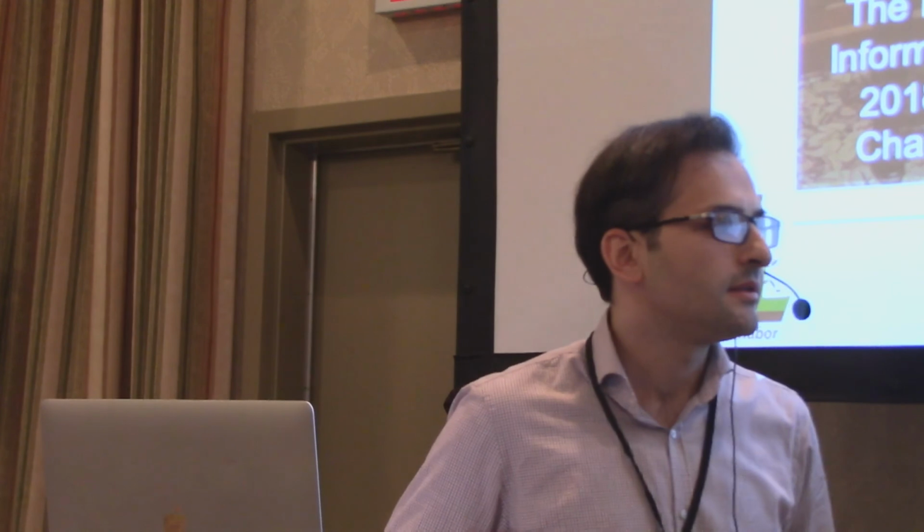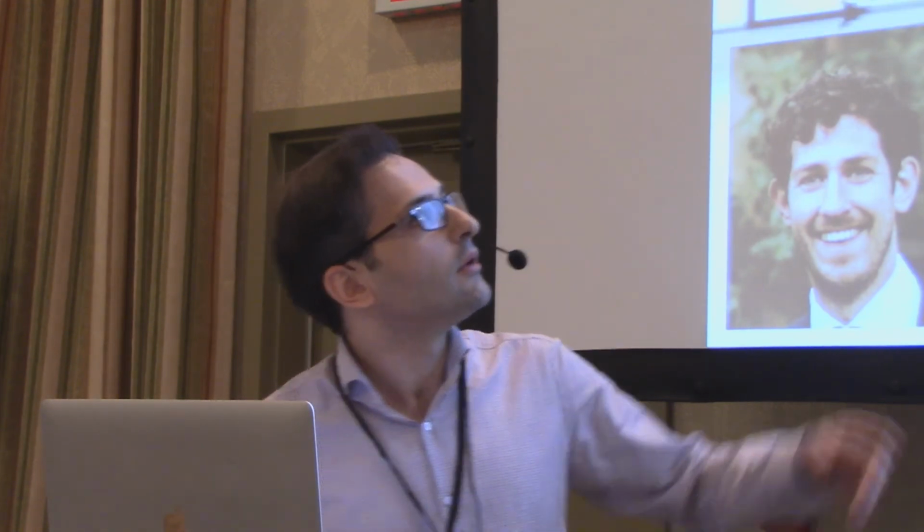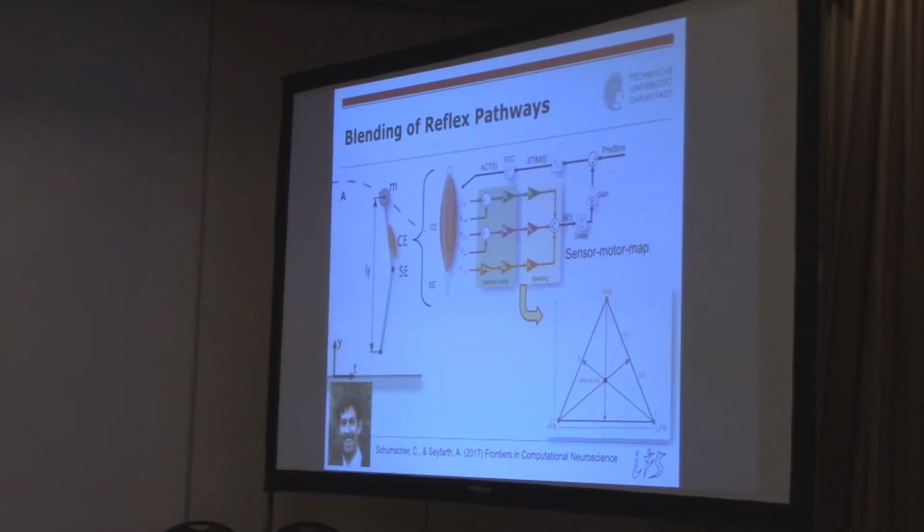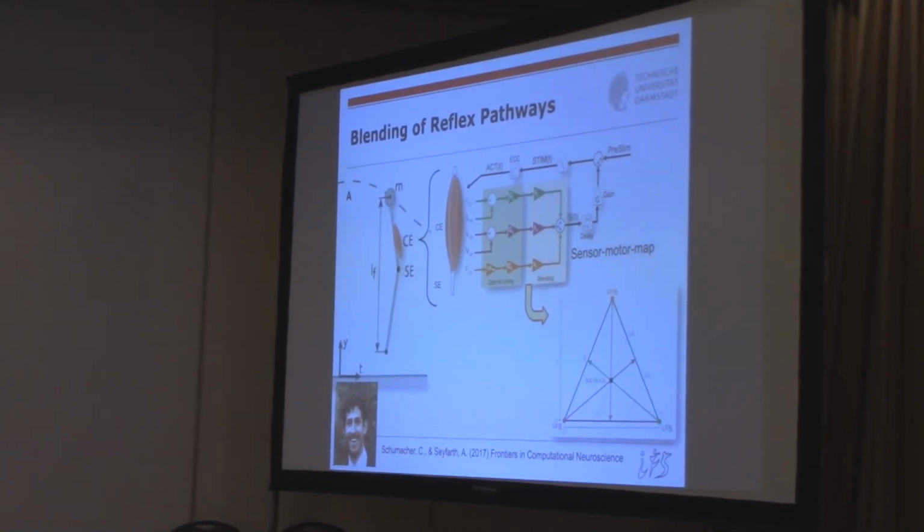What does the summation of the gains being one mean? Why one? Because, if I go to here, you see this is our network basically. We blend different reflex signals, and in total we want to have a meaningful evaluation of which one is important.